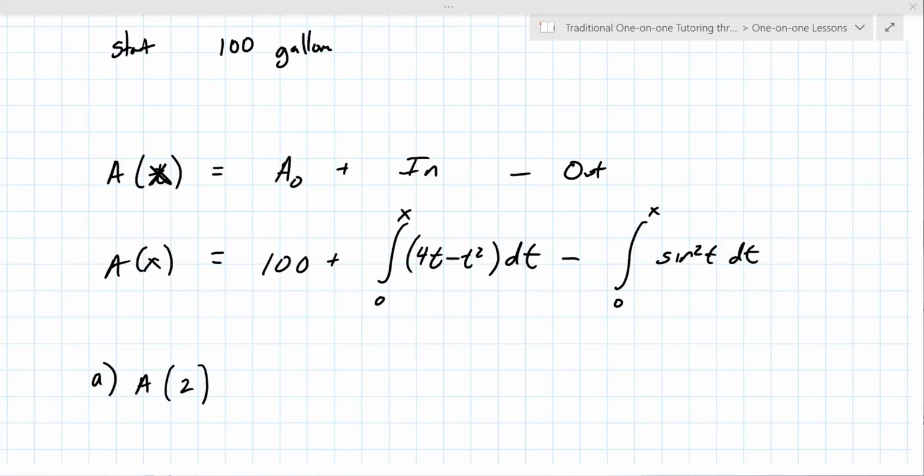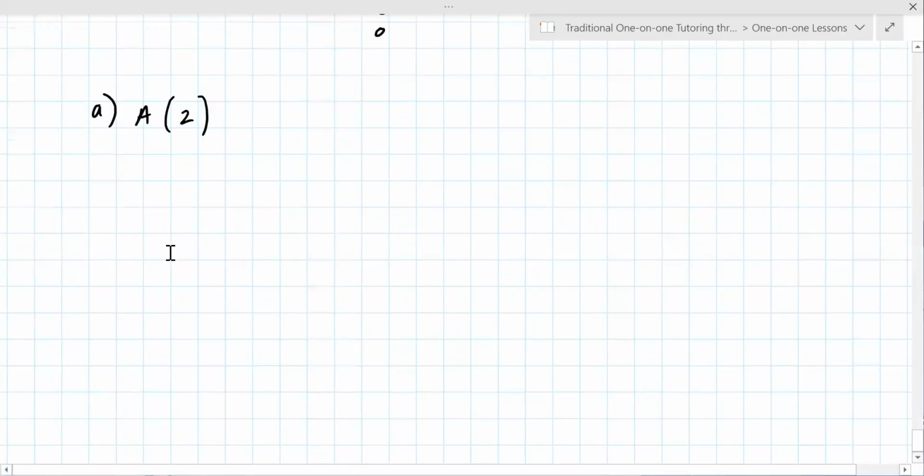Let me just restrict this to 0, 4 so I can get those points. So this is a graph of the rate versus time.